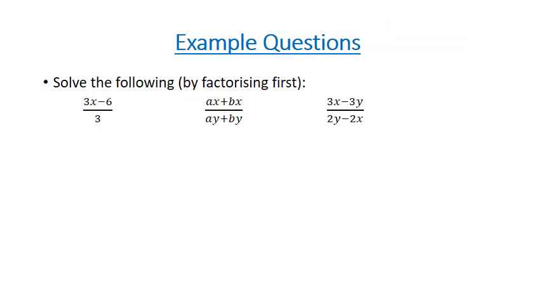So let's look at a few examples. You can see in our first example that there's a 3 on the bottom, so the denominator is a 3, and there's no 3 on the top by itself, but there is 3x take 6. So we're going to factorise the top, and take 3 out as a common factor, and we end up with x take 2 all over 3.